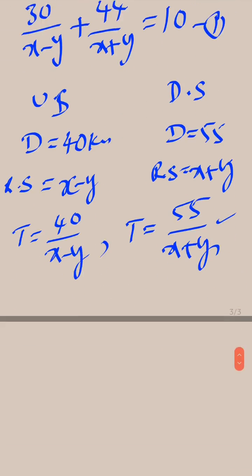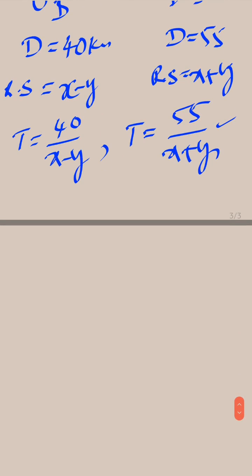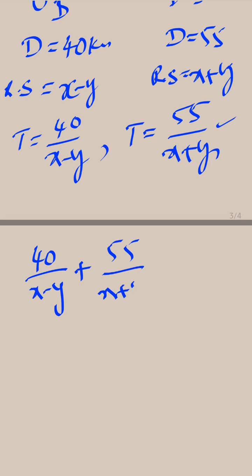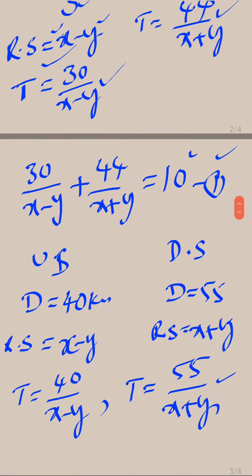If we add these two, we get 13 hours. So 40 by x minus y plus 55 by x plus y is equal to 13 hours. This is the second equation, and that one is the first equation.